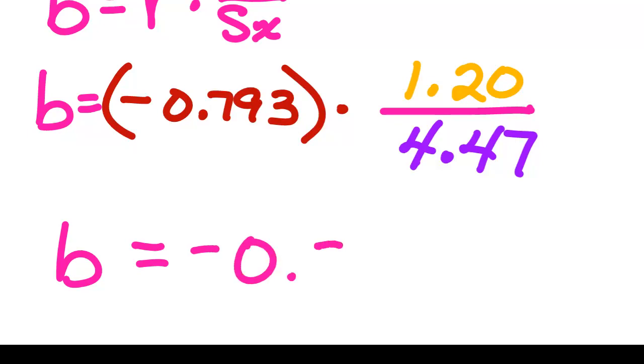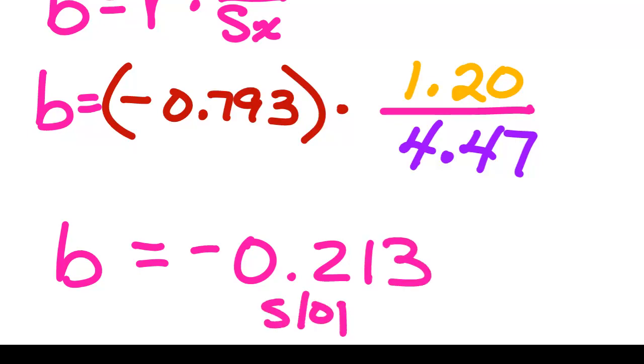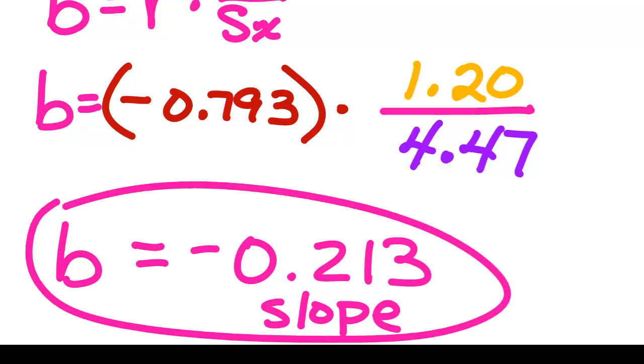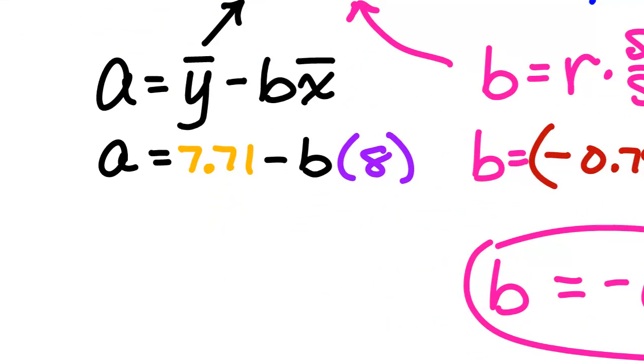Negative 0.213. So here's our slope. Now I can use that information and put it over here in the place of B. Negative 0.213 times 8.